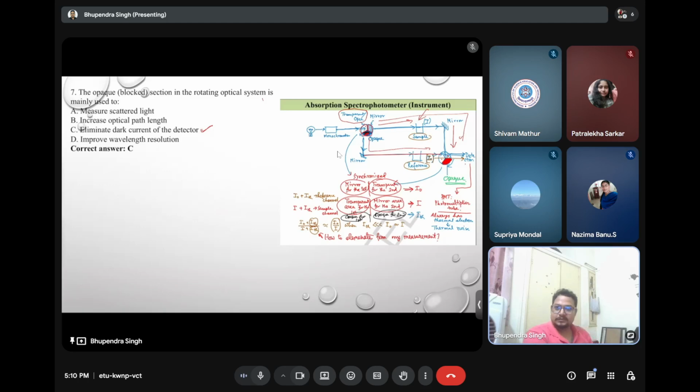Have you read about detectors? Anything about detectors? PMT detector, and I guess you have not read it, so no problem. I'm giving you an assignment. You can read it.